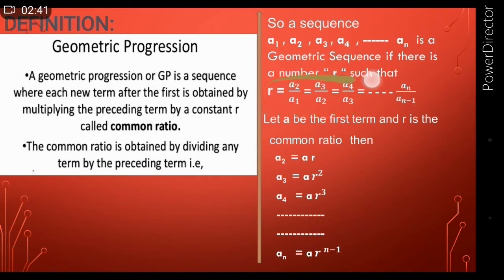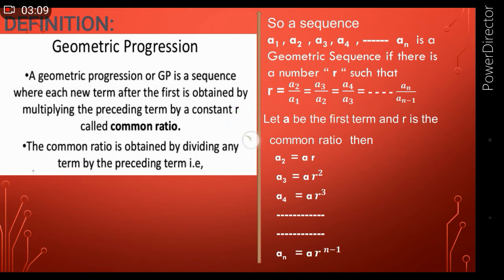So now I will explain it. How can we get this? Here a sequence a1, a2, a3 up to an is a geometric sequence if there is a number r such that, what is r? r is a common ratio. This is the formula for finding common ratio.